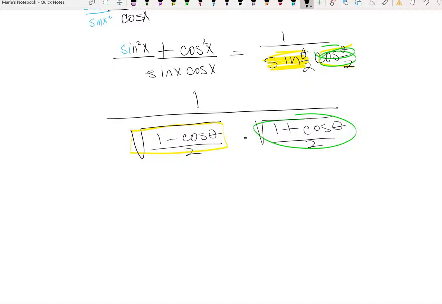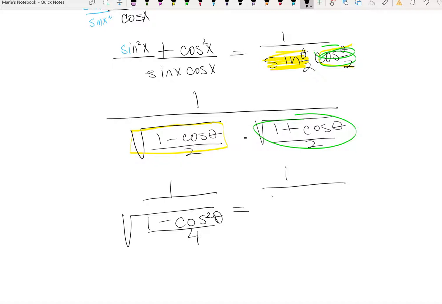I'm going to obtain the following. I'm going to have 1 over the square root of 1 minus cosine squared theta over 4. And now remember, at this point, square root of 4 becomes 2. So I simplify this to 1 over the square root of 1 minus cosine squared x over 2.